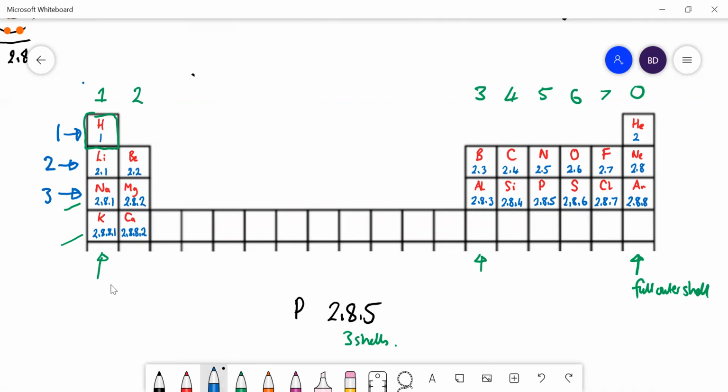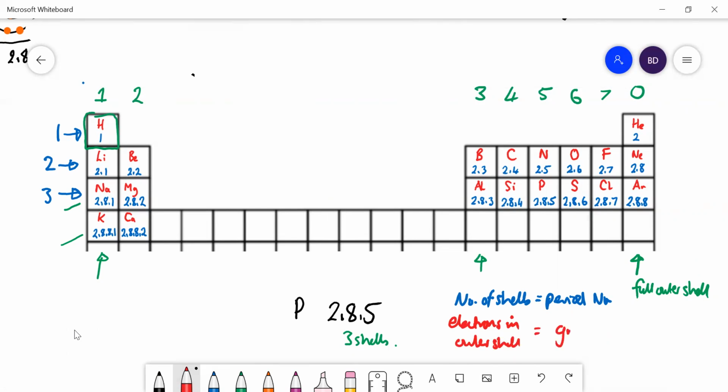So the number of shells gives us the period. Let's write that down. Period number, and the electrons in the outer shell that gives us the group number.